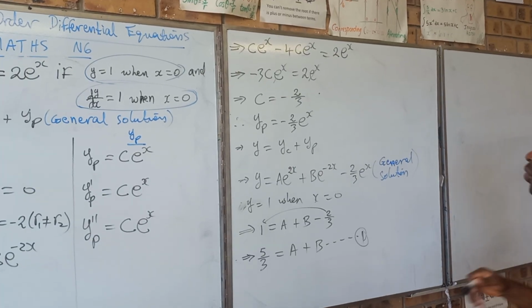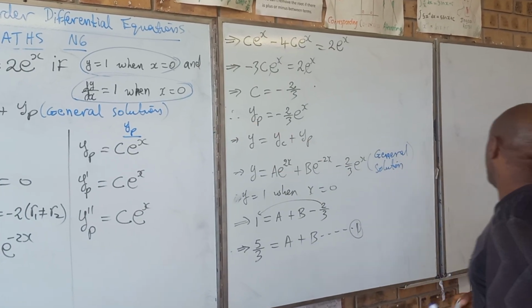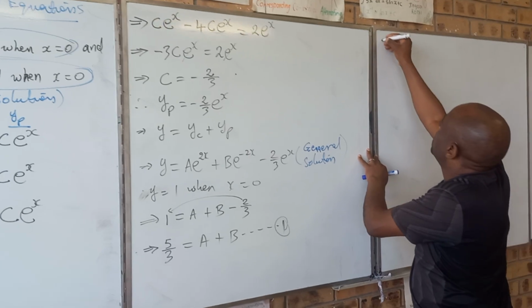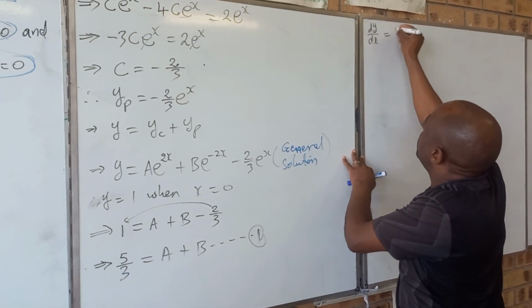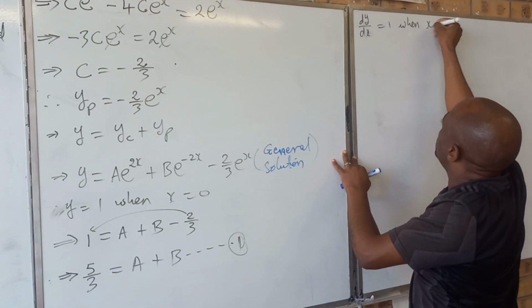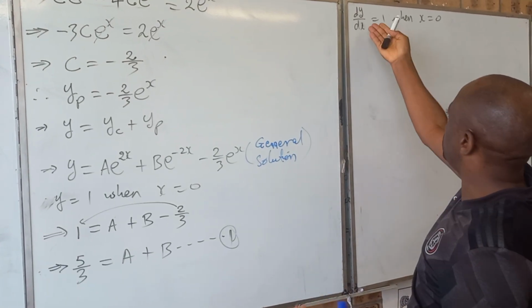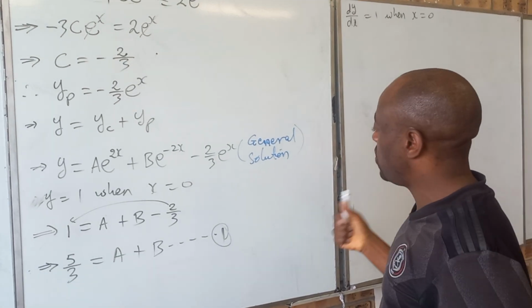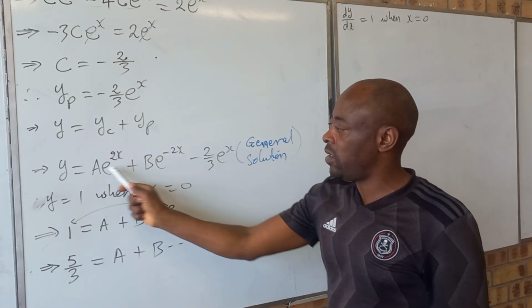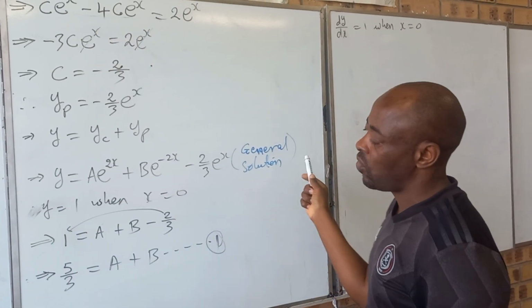Now we can switch to the next condition, which says dy by dx is equal to 1 when x is 0. We don't know what dy dx is. Each time we need dy dx, consult the general solution and differentiate it once.